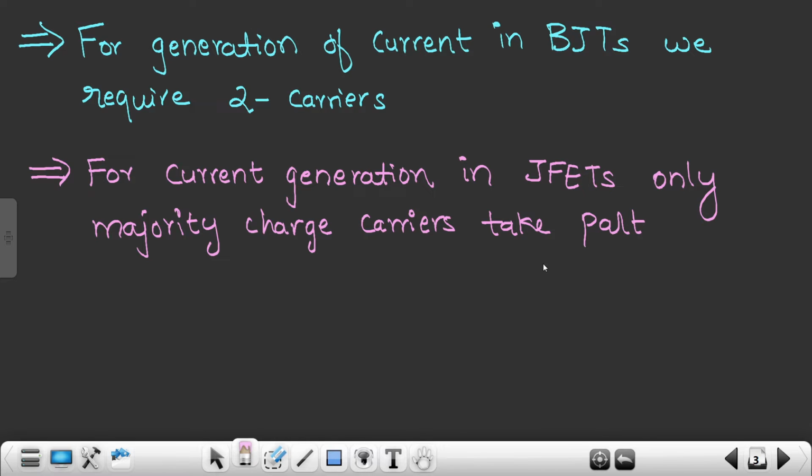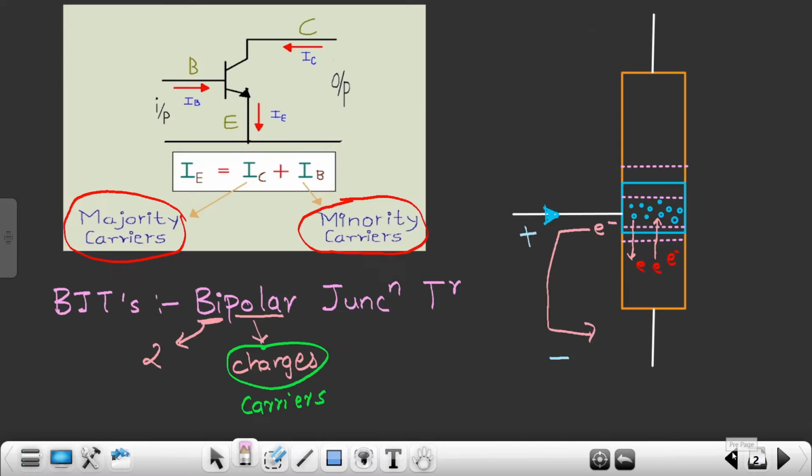I'm talking about electrons in case of n channel. In case of p channel, it would be holes, but the concept remains the same. Only one charge is taking part. If it is p channel, holes will take part in the formation of current. If it's n channel, then electrons will take part in the formation of current, right? Great. I hope everything is crystal clear up till here.